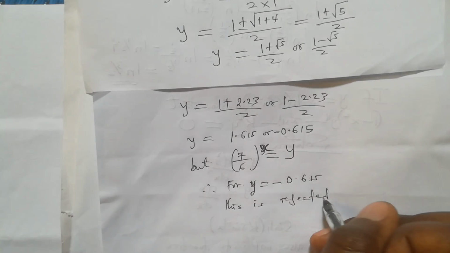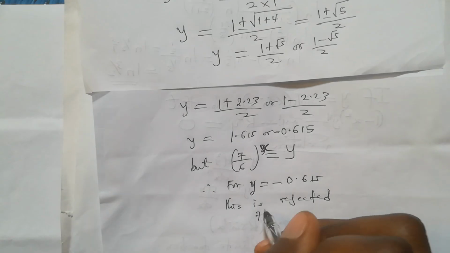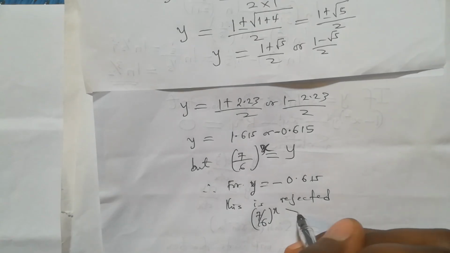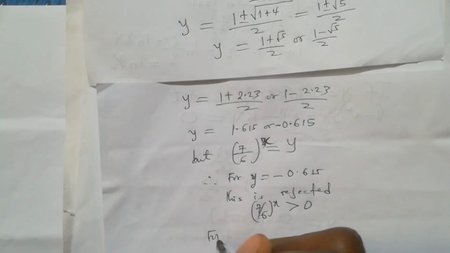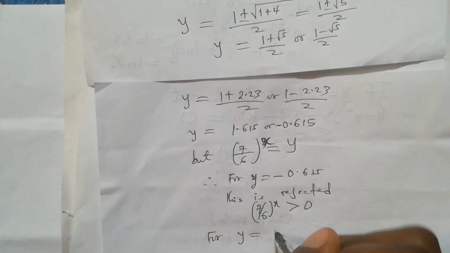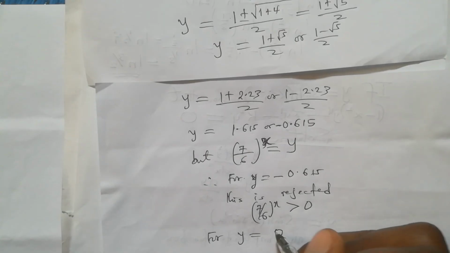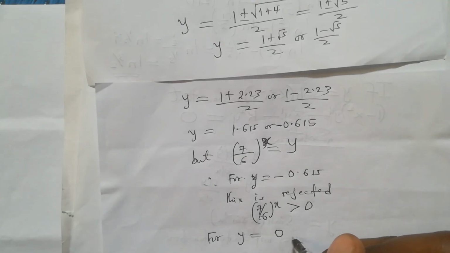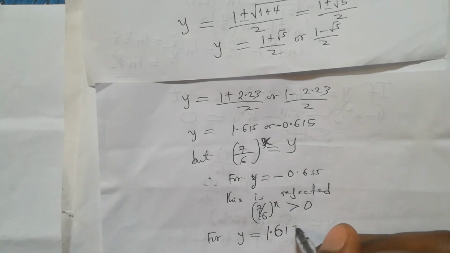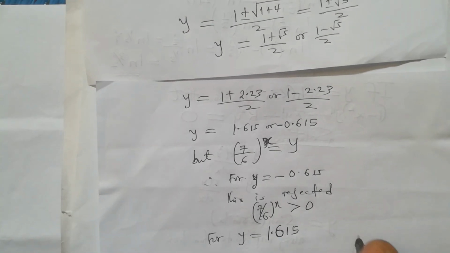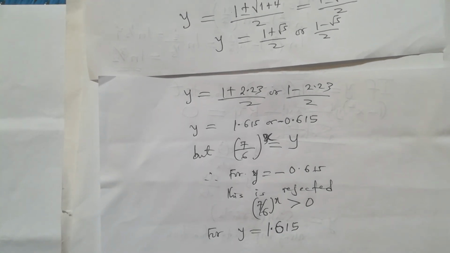Why? Because 7 over 6 to the power of x is greater than 0. You get it? But for the case of y is equal to 1.615, it can be possible. So all we need to do is to substitute the value of y.